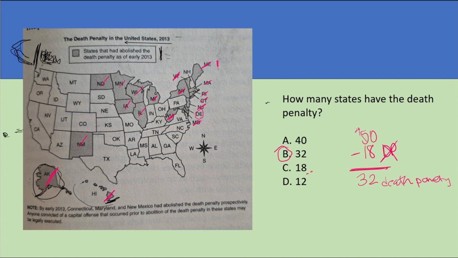Which means you would have gotten 19 that don't have the death penalty. Well, then, folks, I'm hoping that when you did the math, 50 minus 19, you would have gotten 31, and you would have been like, 31 isn't on my list, but 32 is. What are the chances I miscounted one of these smaller East Coast states? Probably high. And then you would have chosen the correct answer.